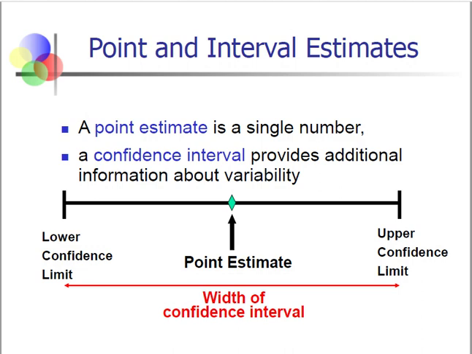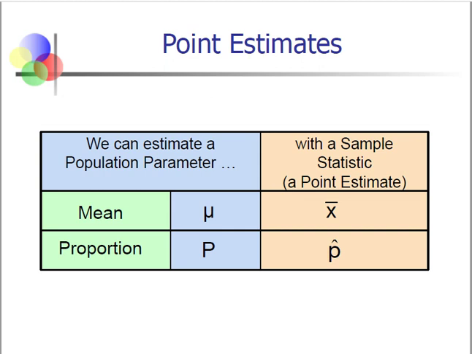A point estimate is a single number, while a confidence interval provides a range of values for the population parameter which we are estimating. So as you can see, we have the point estimate there as the value, and the confidence interval is that range.